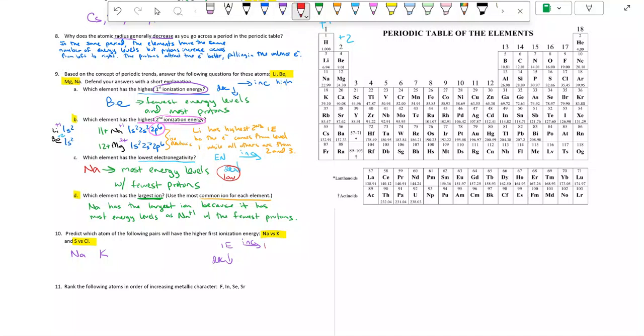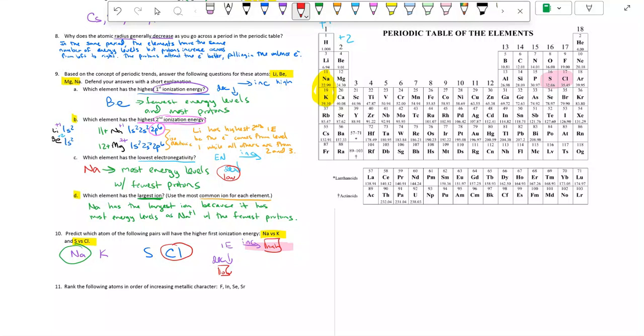So ionization energy highest is going to be over here, and lowest is going to be down here. Okay, so if we look at sodium and potassium, the one that's going to have the higher first ionization energy should be sodium. And then if I said sulfur versus chlorine, we look over on the right side, the highest one should be the chlorine.